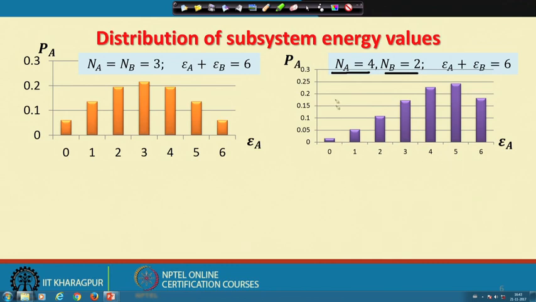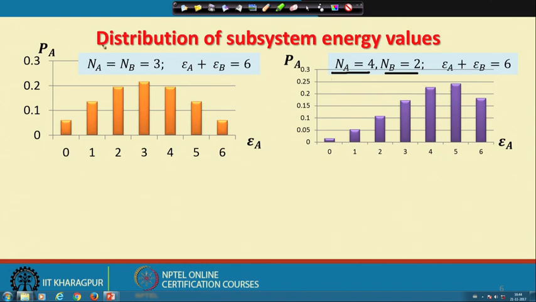See, here on this side of the slide, I am highlighting the case where N A is equal to 4, N B is equal to 2 and the total energy epsilon A plus epsilon B as before is equal to 6.